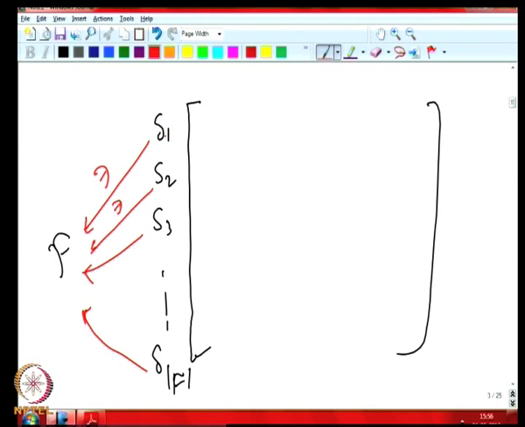Now this time we index the columns by the k element subsets T1, T2, T3, up to T n choose k, all the k element subsets.